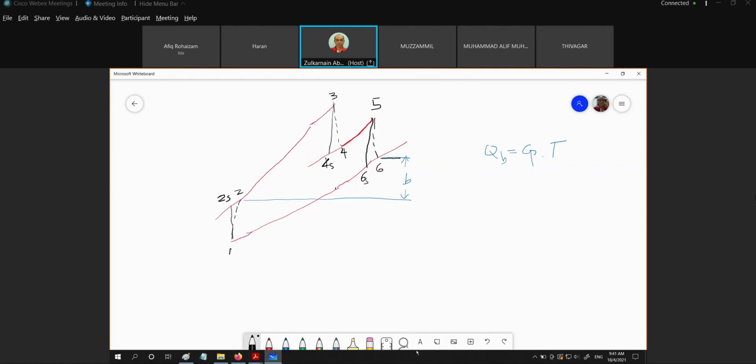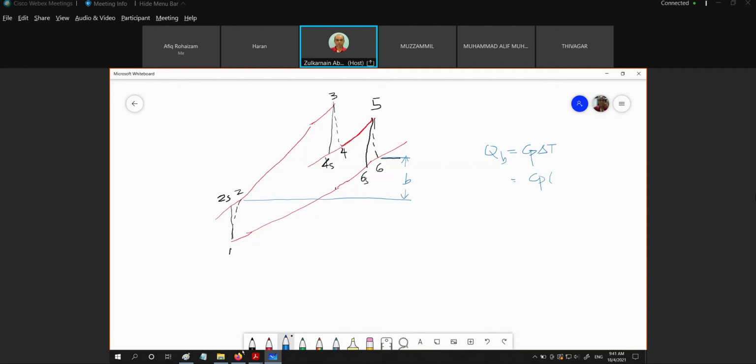There's a possibility of the Q, having the energy is QB. This is delta TB. This is Cp delta TB, where delta TB is equal to T6 minus T2.